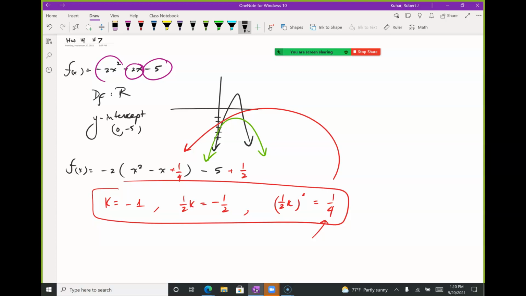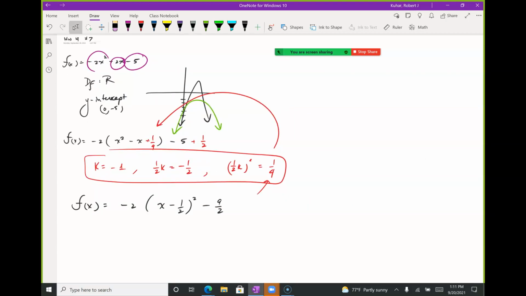So now what do I have? I have my function is negative 2 times x plus half of k quantity squared every time. Don't think about it. Every time it's going to factor into that. And then I have minus 9/2. Negative 5 plus 1/2 is negative 9/2.